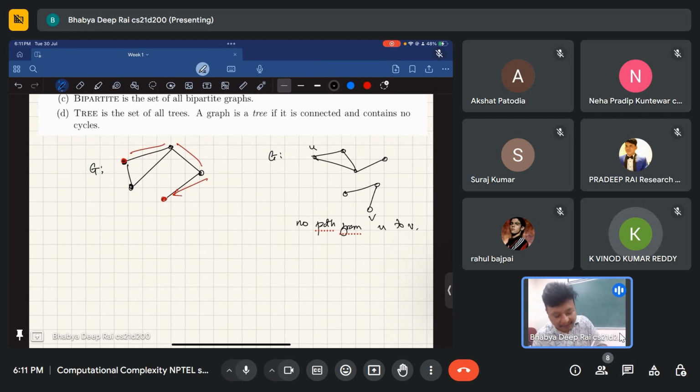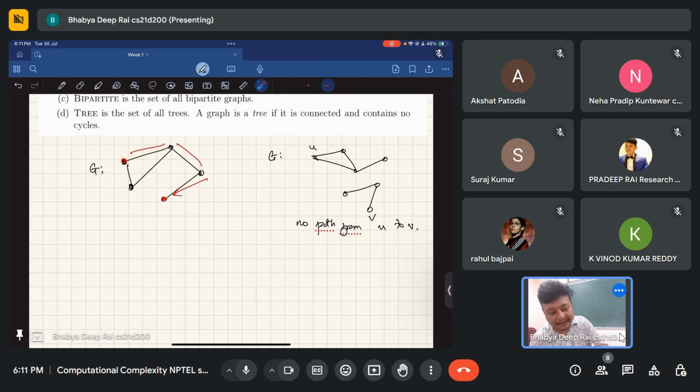So the idea is as follows. All of us, I hope, know breadth first search and depth first search. In case you don't know, it's okay. I don't want to go too much in depth. But if you pick any vertex, the breadth first search will go level by level.